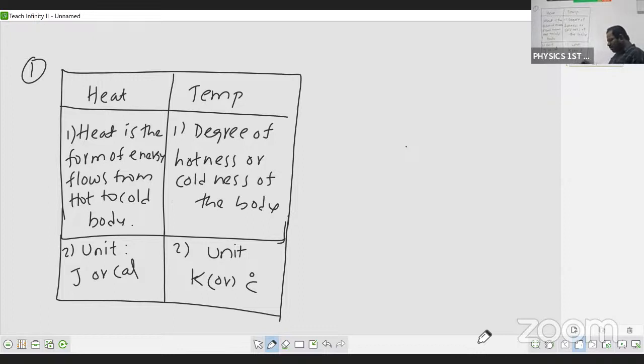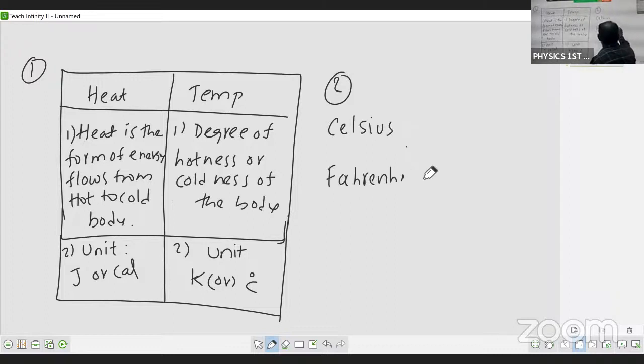Next, number 2: what are the lower and upper fixed points in Celsius and Fahrenheit scale? I gave this explanation in the 4 marks. Celsius scale, Fahrenheit scale, LFP, UFP. LFP means lower fixed point, 0 degree Celsius.